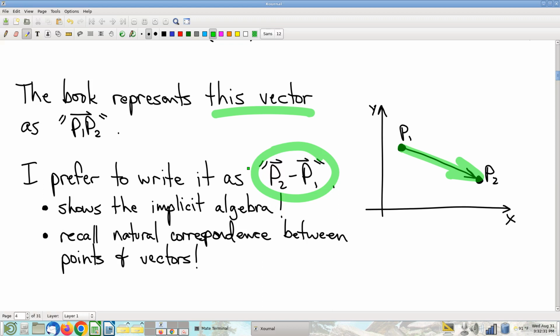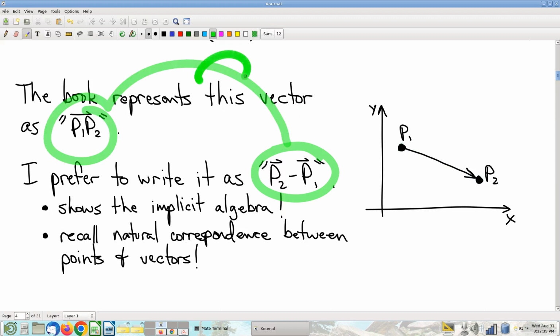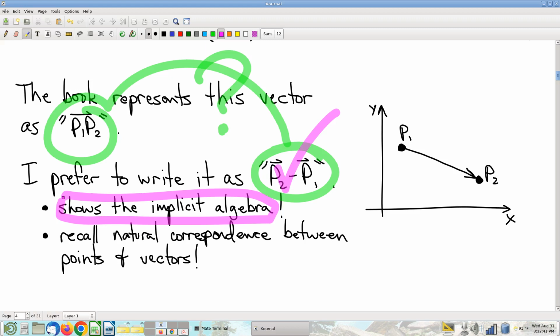So what we've got then is kind of a trade-off, and which one of these do you like better? I like this one because it shows the algebra that's implicit in what we're looking at here. Specifically, the fact that this arrow goes from this point to that point is probably not as useful as the fact that this vector can be thought of as algebraically related to two other things.